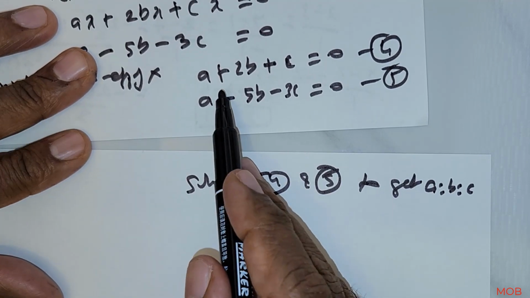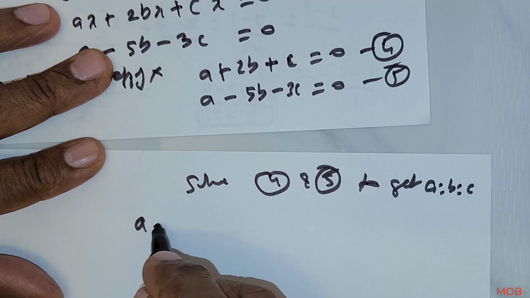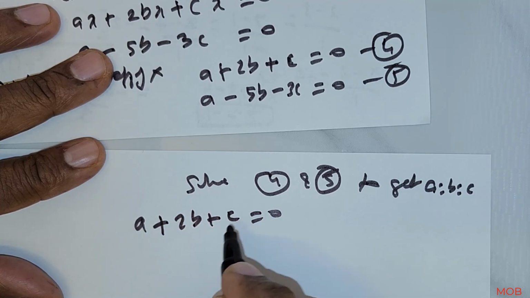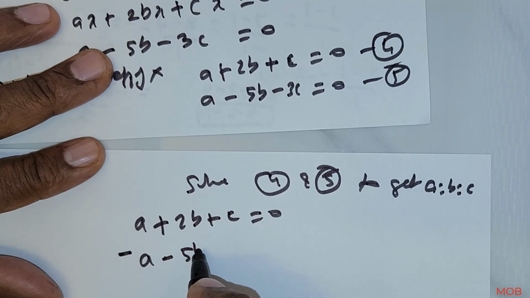So clearly I change the sign. I can add them: a plus 2b plus c is equal to 0. I change the sign: a minus 5b minus 3c is equal to 0.